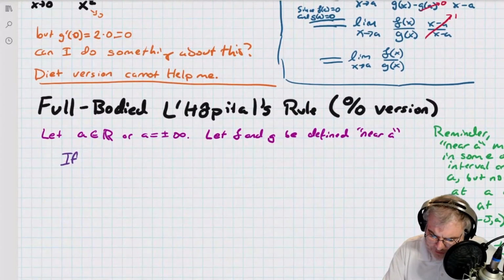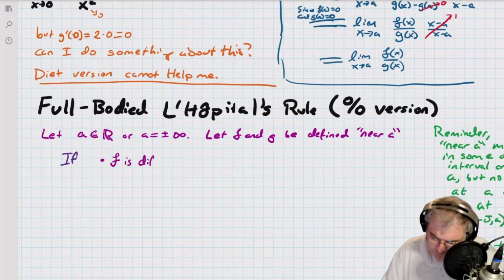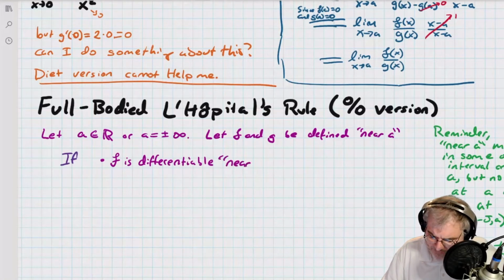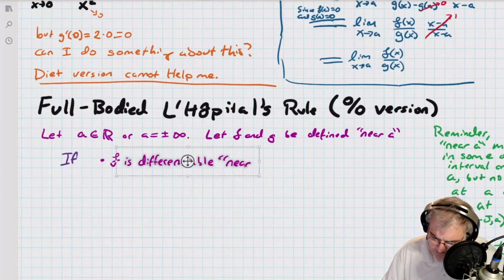So that's going to be part of one of these conditions. If f is differentiable near A, I'm going to write F and G. I don't feel like writing all these terms twice, because they both have to be.